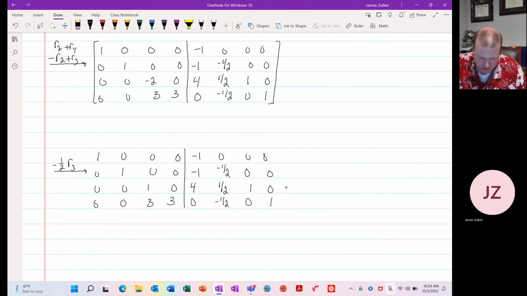And I just copied stuff without looking, so that row 3 is wrong. That should be -2, -1/4, -1/2, and 0.